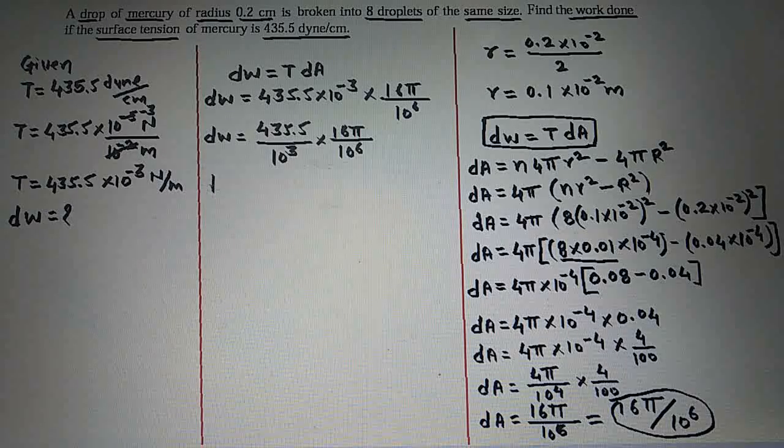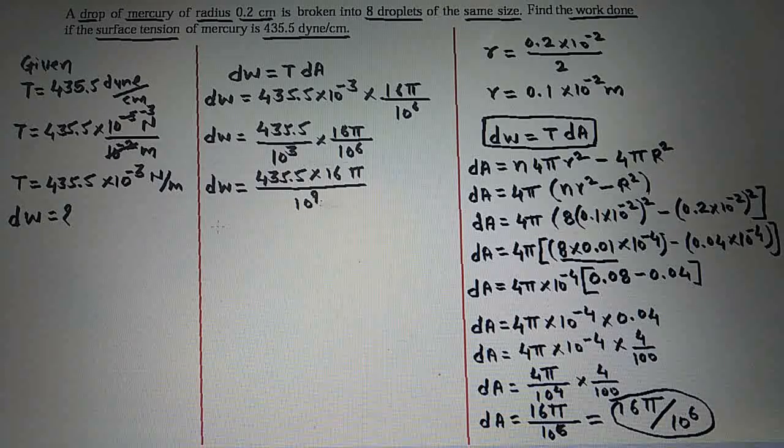Then we can write this dW as 435.5 into 16 pi divided by this 10 raised to 3 into 10 raised to 6 will be equal to 10 raised to 9.